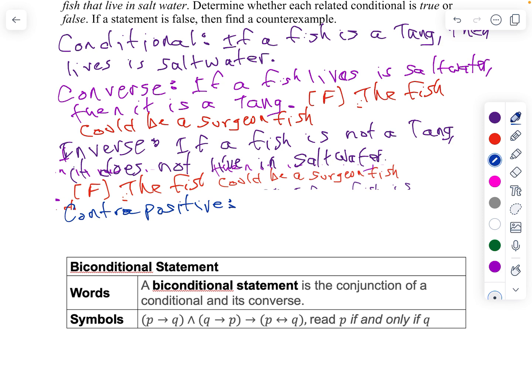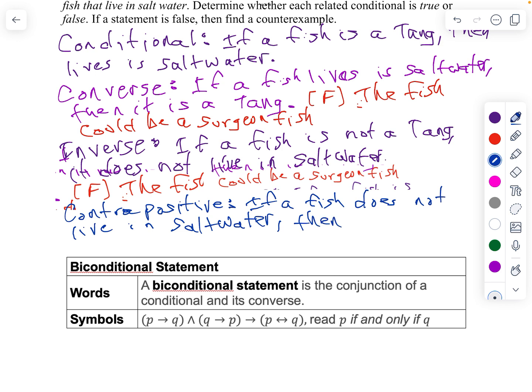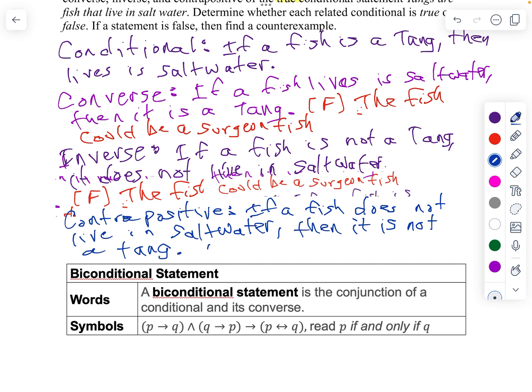So I'm going to say, if a fish does not live in salt water, then it is not a tang. And notice this one is true, isn't it?